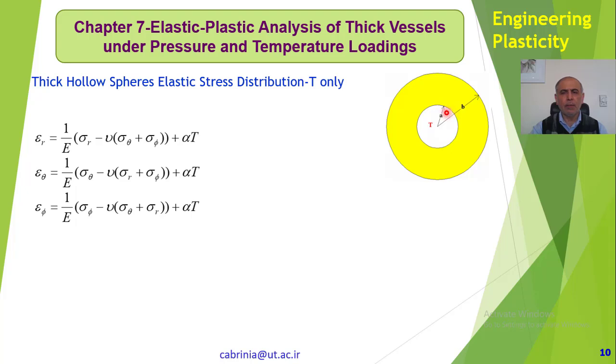And in this case, we have this thick sphere, and inside the thick sphere we don't have any internal pressure. Instead, we have a source of heat. It may be a liquid or a fluid with high temperature.